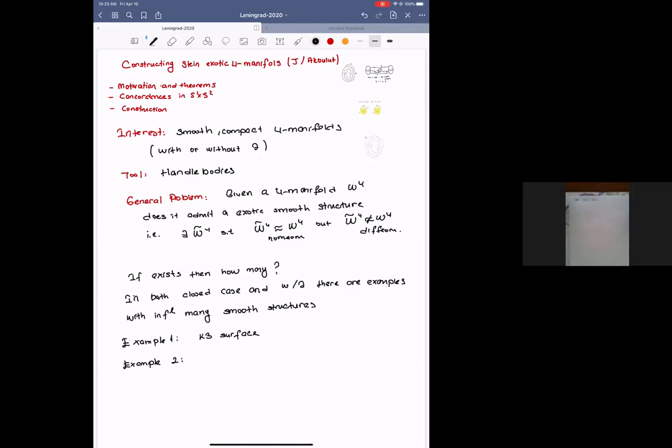I'm not going to tell you what that manifold is yet, but I'm going to call it M4. Both have infinitely many smooth structures.